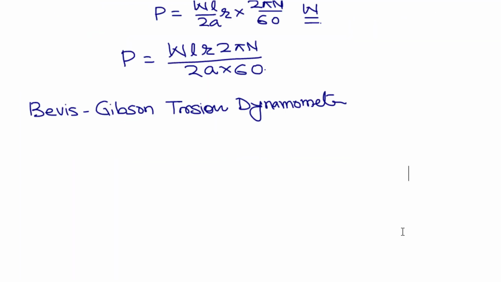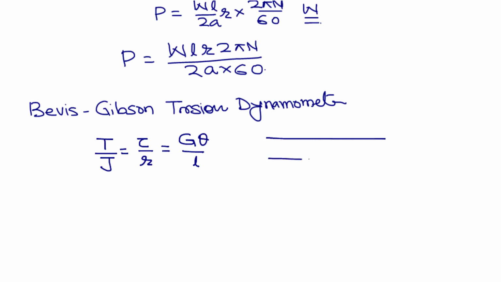Simply, it is based on the torsion formula: torsion of shaft, T by J equal to shear stress by R equal to G theta by L.